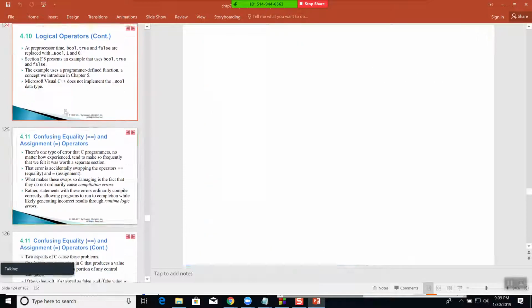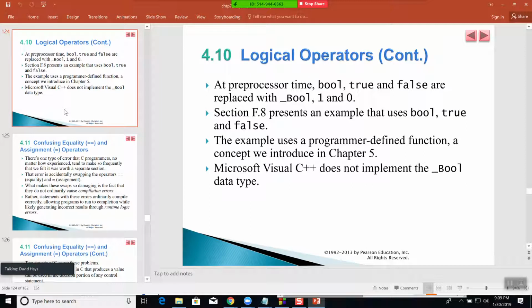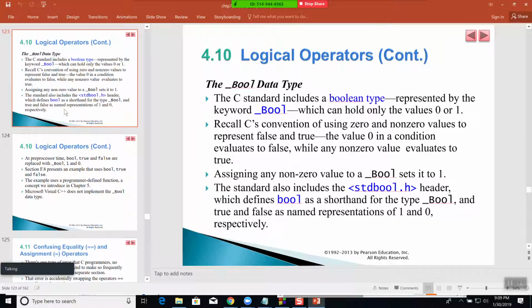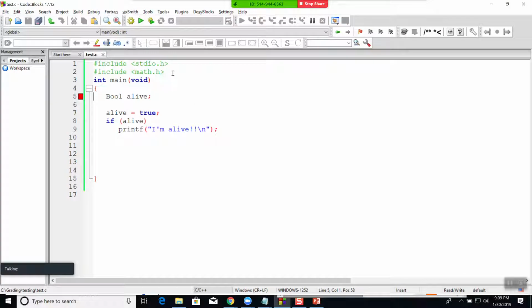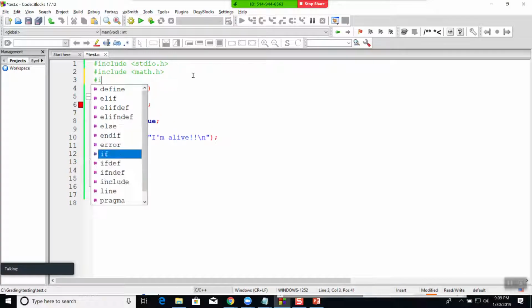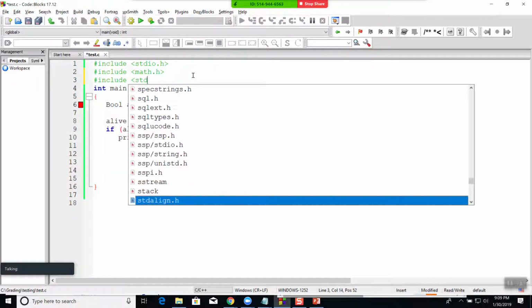I don't have an example. Section FA.8 presents an example that uses bool, true and false. No, that's how it's defined in the .h. Oh, I have to include the header, stdbool.h. Helps if I actually read.